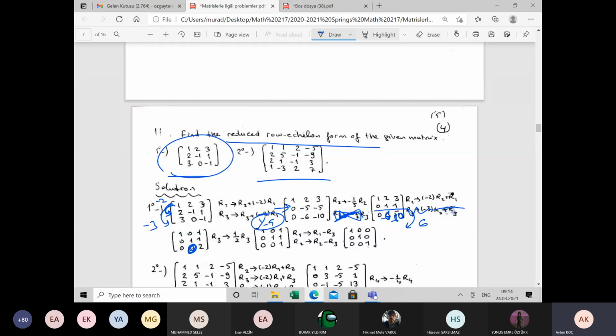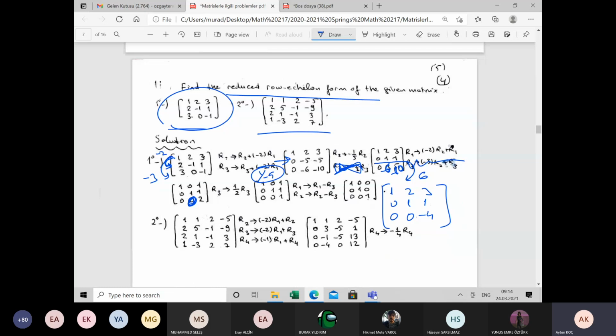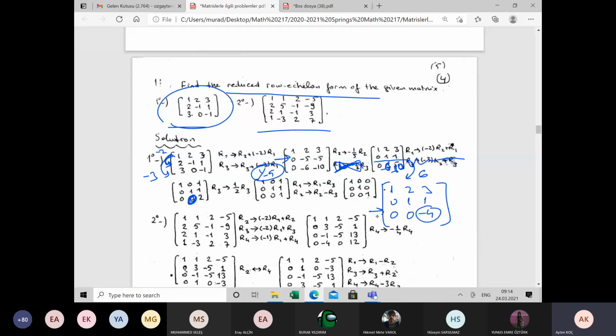We obtain 1 2 3 the same, 0 1 1, and 0 0 -4 in the last row. To get 1 here, multiply by -1 over 4, so we get 1 2 3, 0 1 1, 0 0 1.